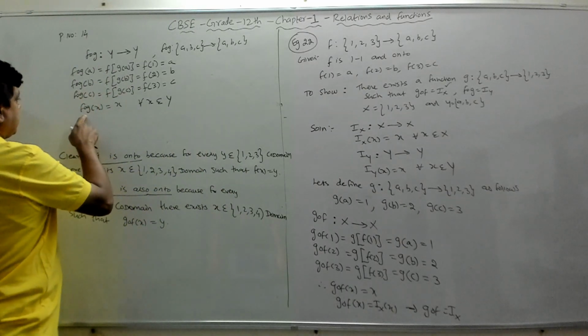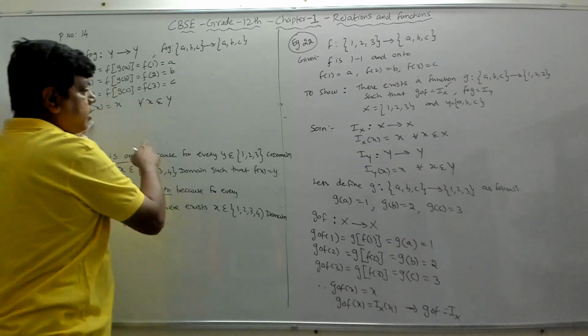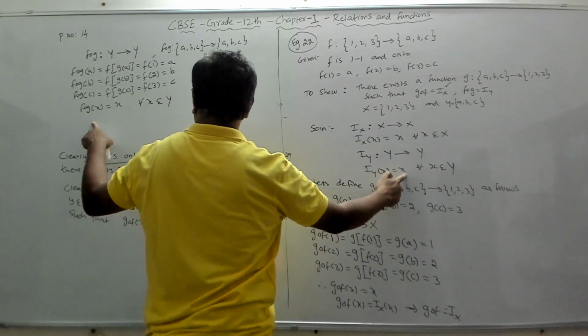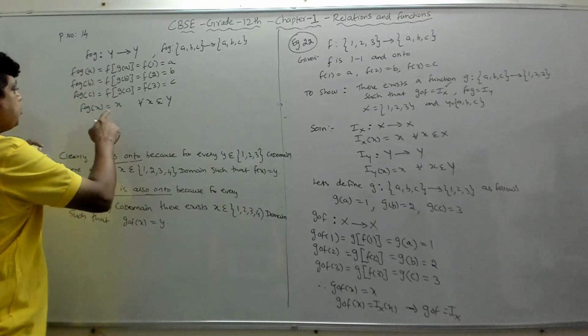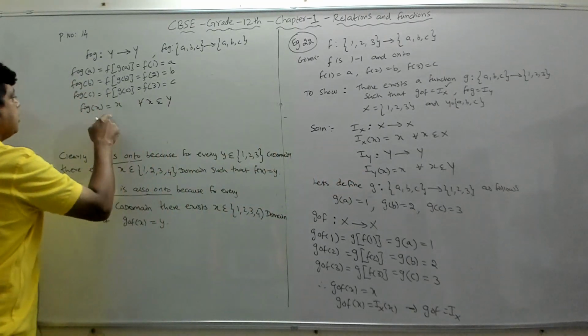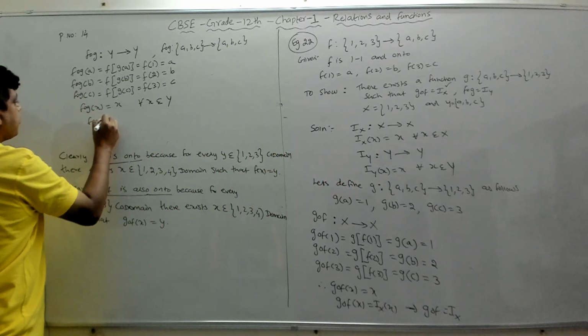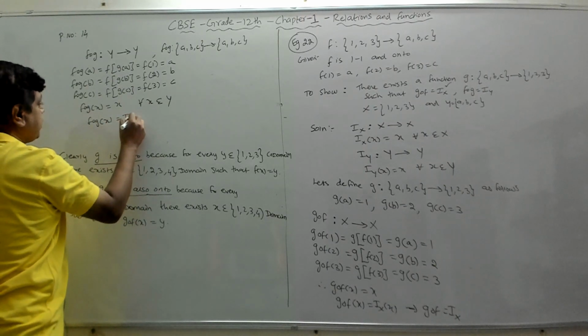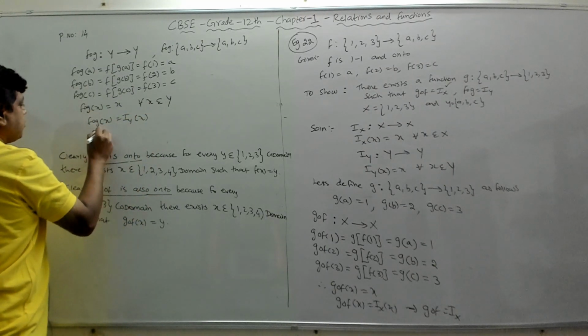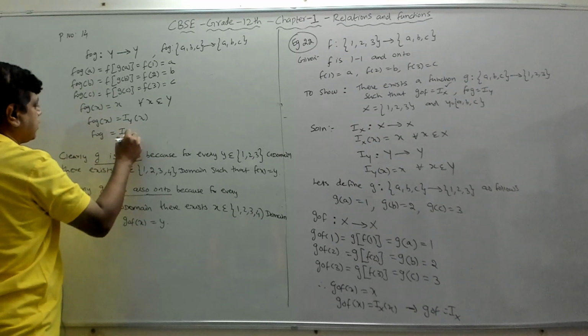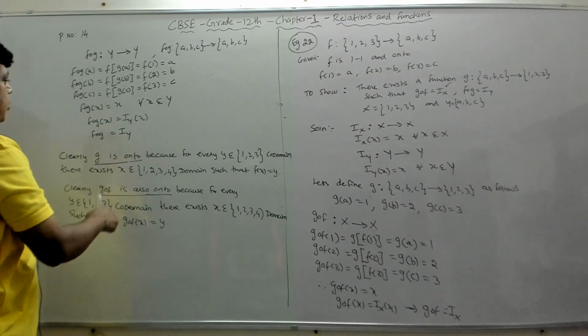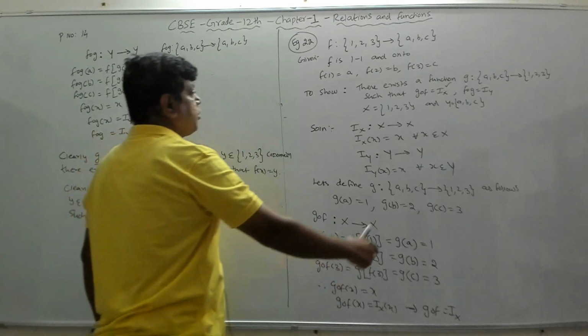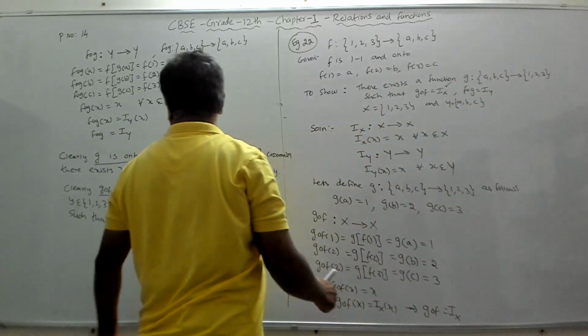So we got f of g of x is x, and our iy of x is also x. So this is also x, this is also x, which means these both are equal. Therefore f of g of x is the same as iy of x, which means f of g is equal to iy, which means we have proved this. So what have we shown?